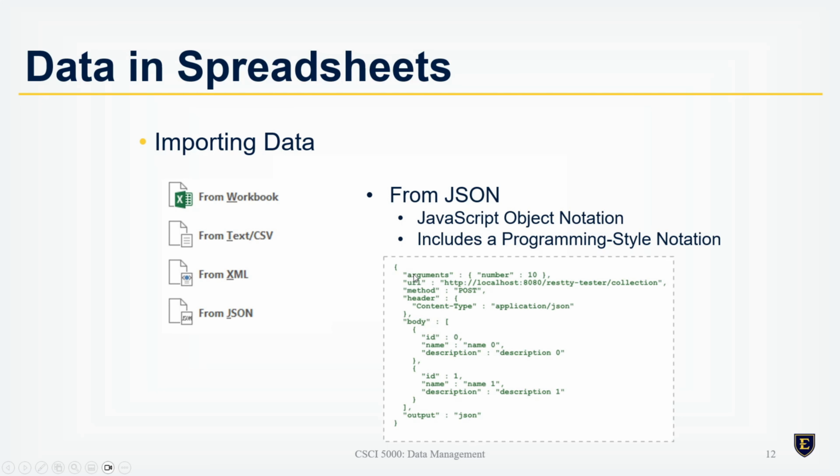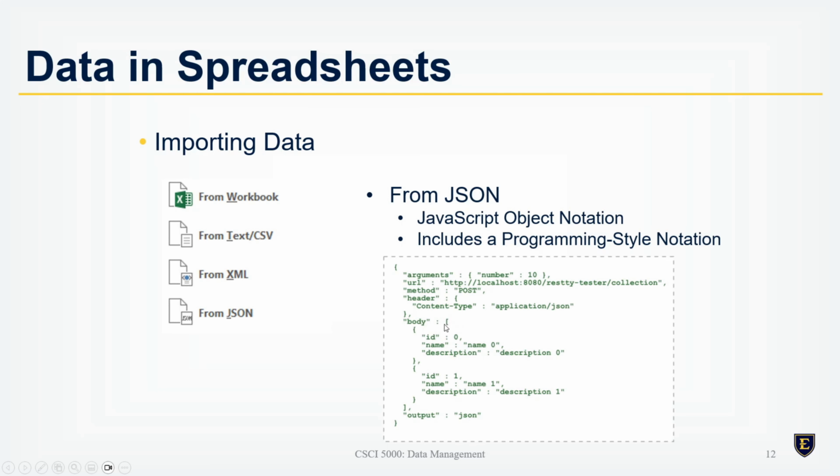You notice here it says arguments. The argument is number, and the value for that is 10. The URL is listed here. The method is post. The header has a particular set of information with it. Content type is one of those values, and the value for content type is application JSON.